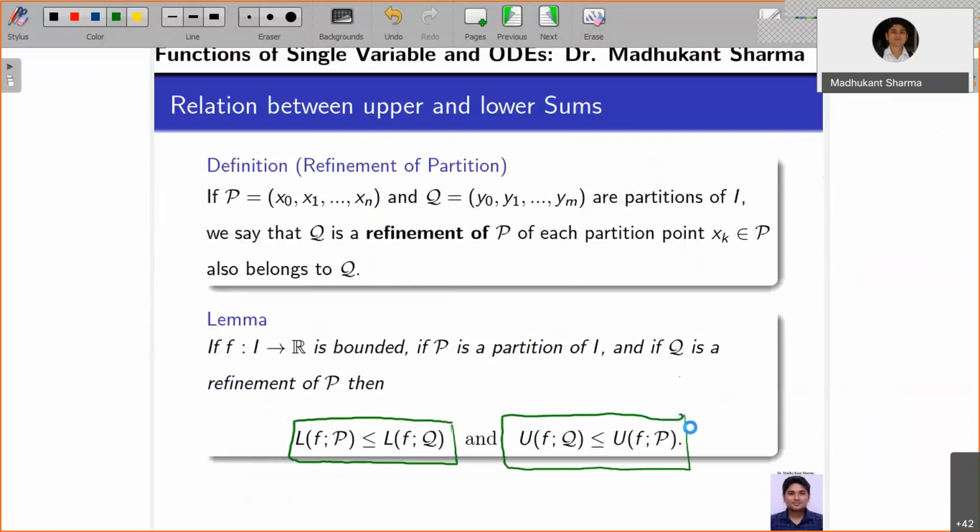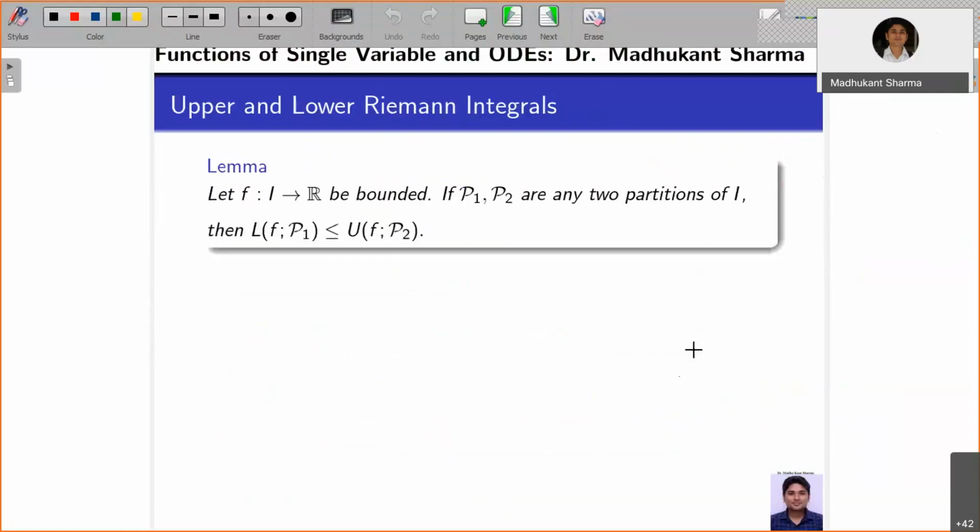Now we have also shown the following: let f be bounded, and if P1 and P2 are any two partitions of I, irrespective of that, L of f, P1 is less than or equal to U of f, P2. That we have also shown by considering their union, which will be the refinement of P1 as well as of P2, and using the previous result.